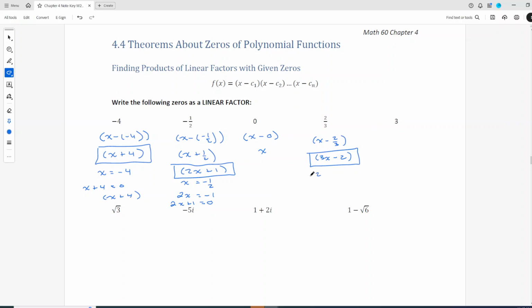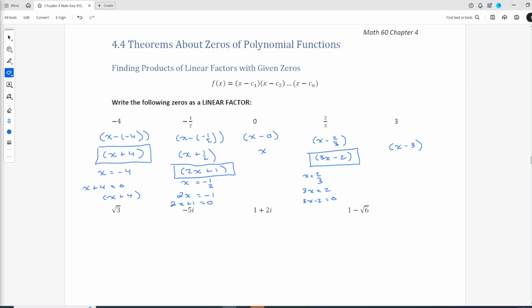Or if you had x is equal to 2/3, you would multiply both sides by 3. Then you'd bring the 2 over and you end up with 3x minus 2 equals 0. That's the original factor, so we end up with 3x minus 2. If we have x equals 3, no matter what method you choose, your factor is going to be x minus 3.